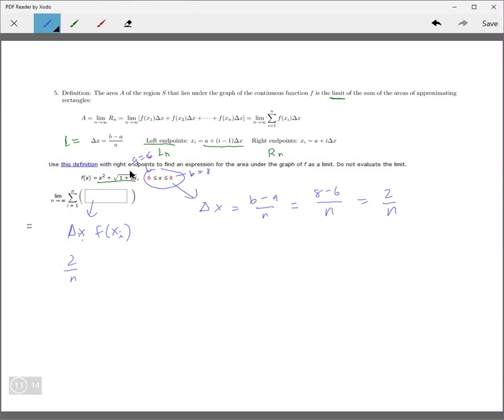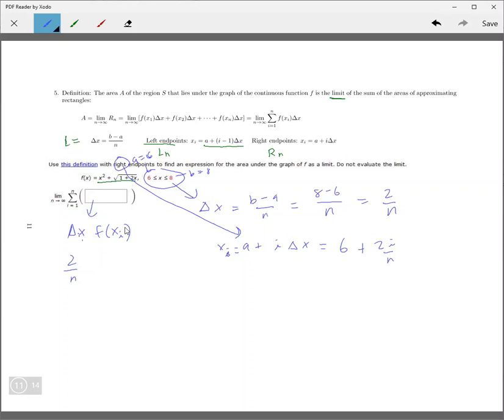Here's your f. For right endpoints, we're going to use a plus i delta x. A is 6, and delta x is 2 over n, so 2i over n. Those are going to be our xi's.